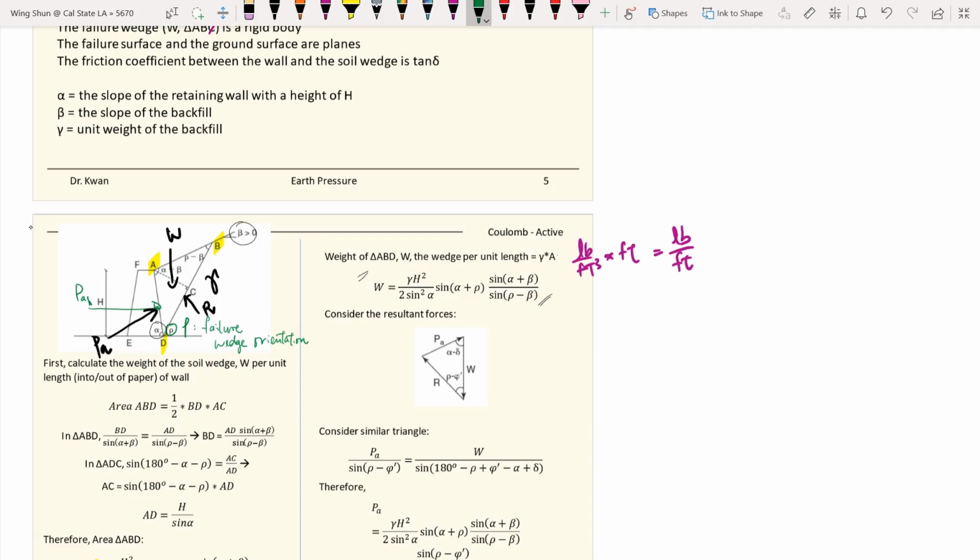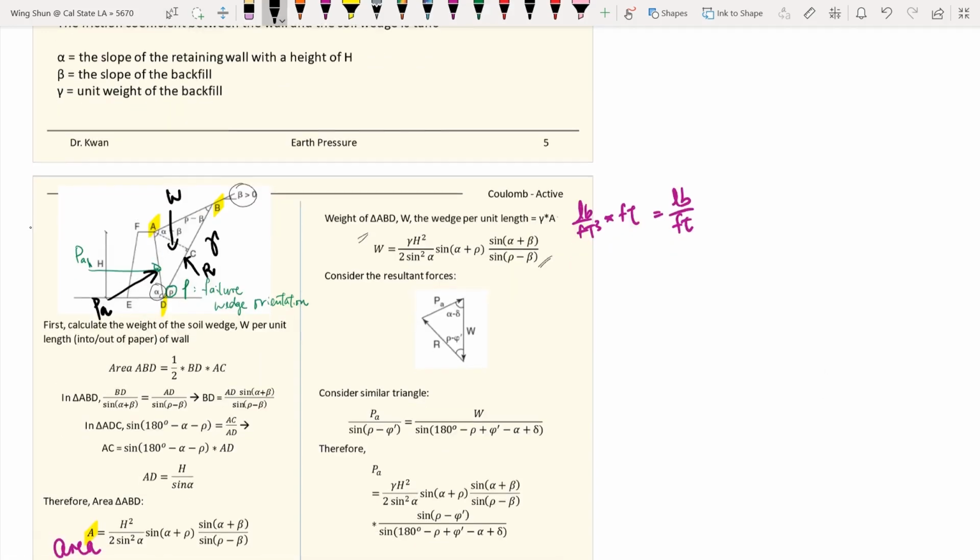But anyway, for these three forces that we just mentioned, under equilibrium they should form a closed loop. And we know the orientations of the forces. For example, the weight of the wedge must be pointing down because it is attracted by gravity. And we know the reaction force, or the resistant force, along the soil wedge.